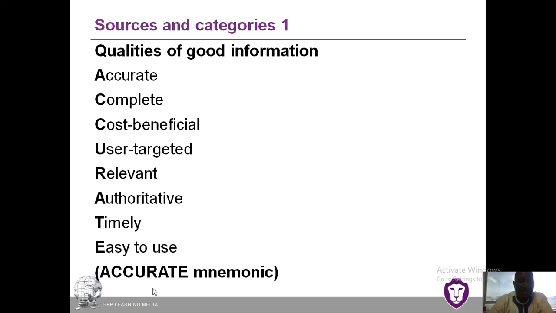Number seven, information must be timely. Timely meaning that information must be provided within the time in which it is required, that is, before the decision is taken. Any information that is provided after the decision has already been taken will be irrelevant or untimely.